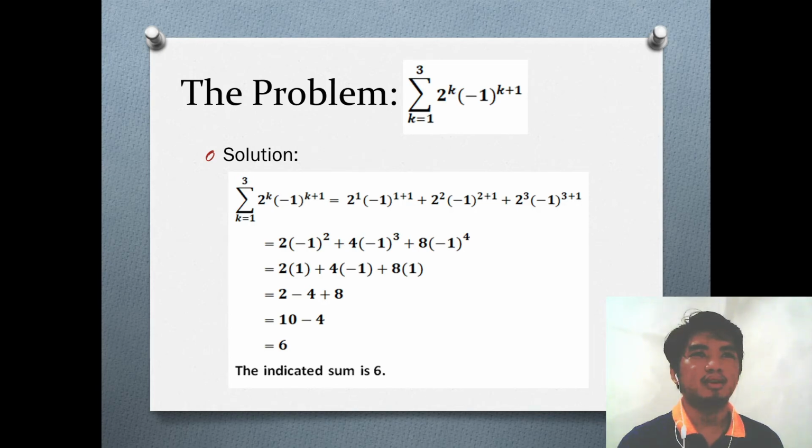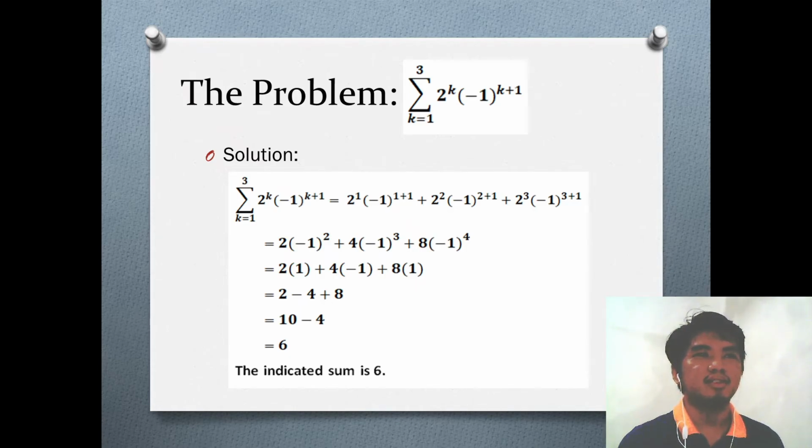So 2 to the power of 2 is 4, and 2 plus 1 is 3, so negative 1 to the power of 3. So 2 to the power of 3 is 8, multiplied by negative 1 to the power of 3 plus 1, which is 4, so negative 1 to the power of 4.